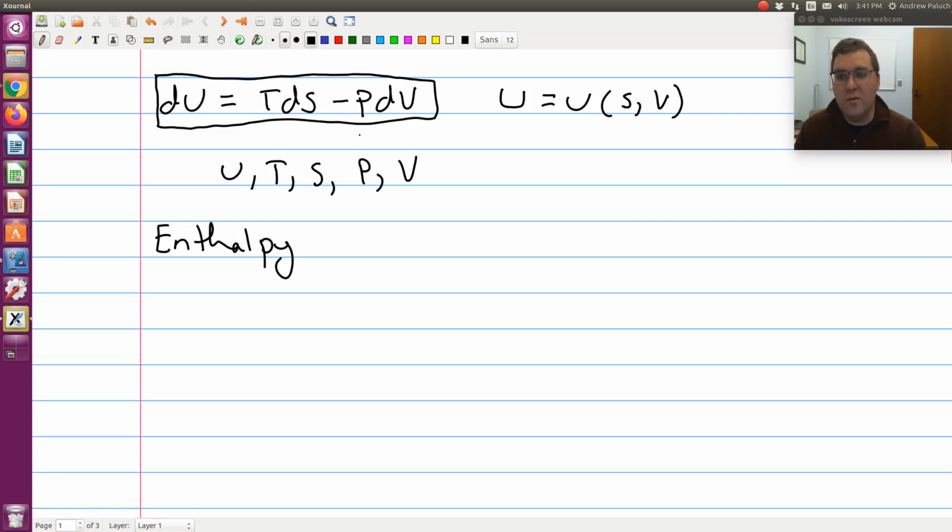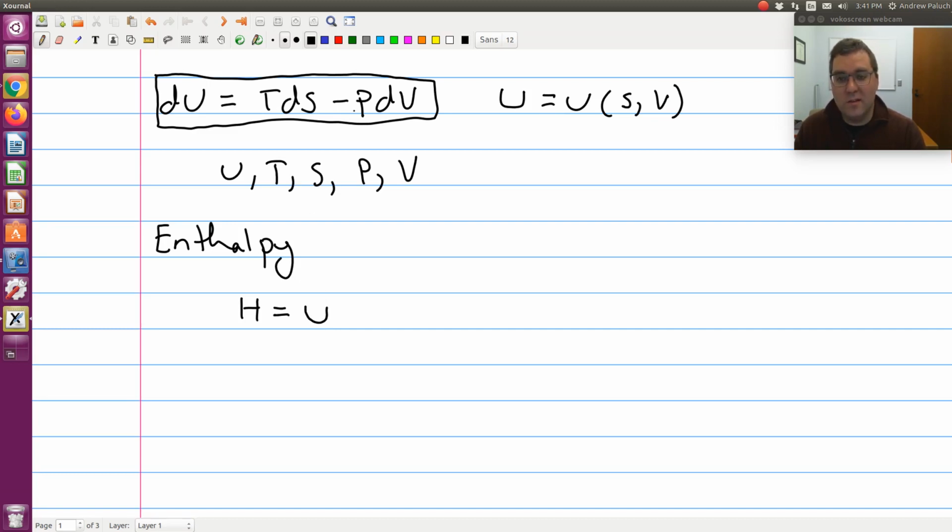How I do that is, this is a negative P dV term. So if my goal is to essentially switch the role of those 2 conjugate variables, I'm going to define H as being equal to U, and then add a term PV.